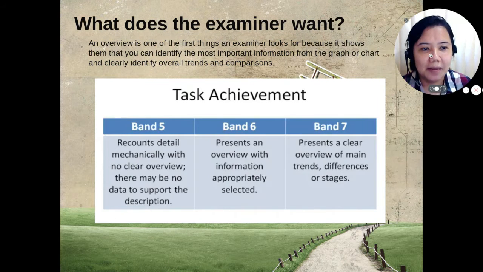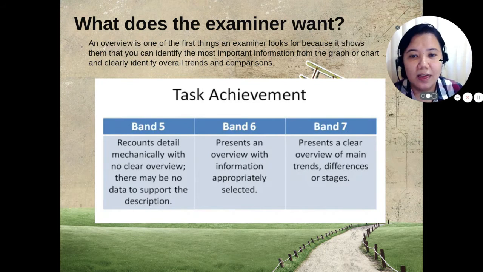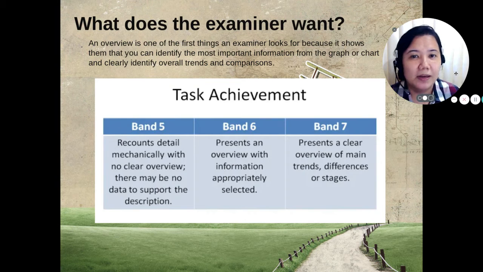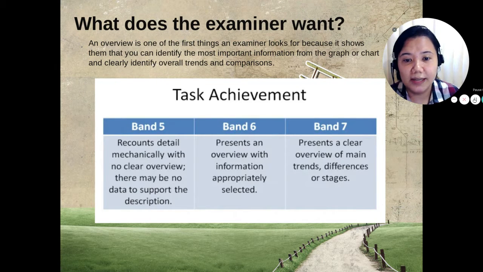What does the examiner want? An overview is one of the first things that an examiner looks at because it shows them that you can identify the most important information from the graph or chart, and you're able to clearly identify overall trends and comparisons. If we look at the official marking scheme, as you can see on the slide, the word overview is mentioned 3 times. This means that to get at least a 5 for task achievement, we must give some kind of overview.